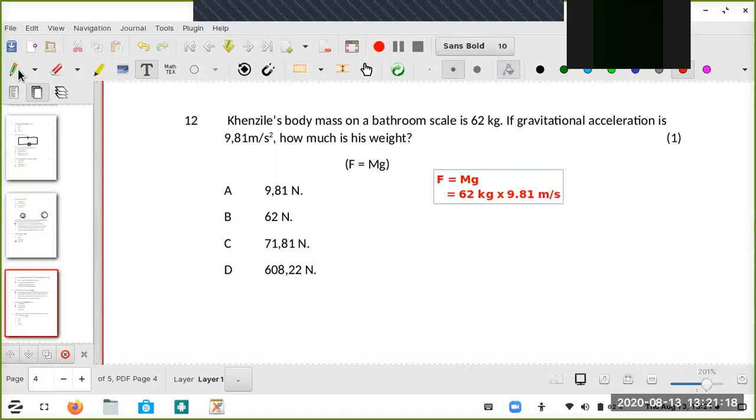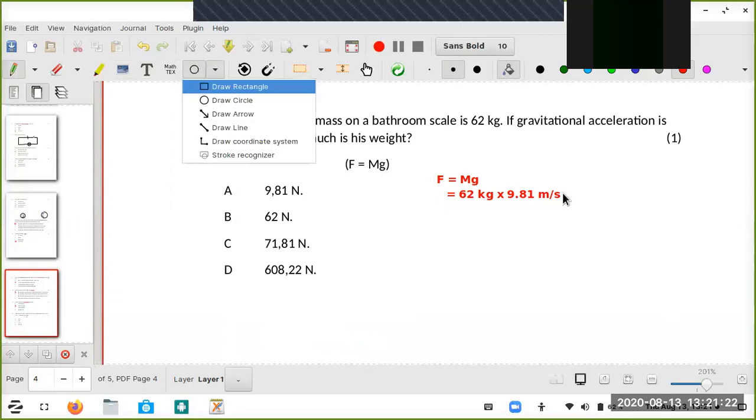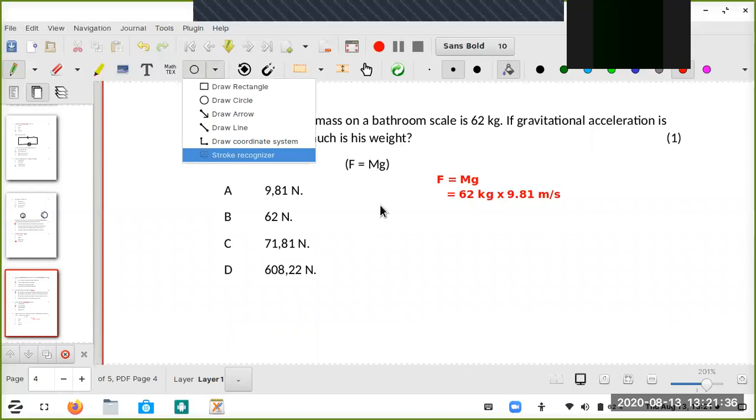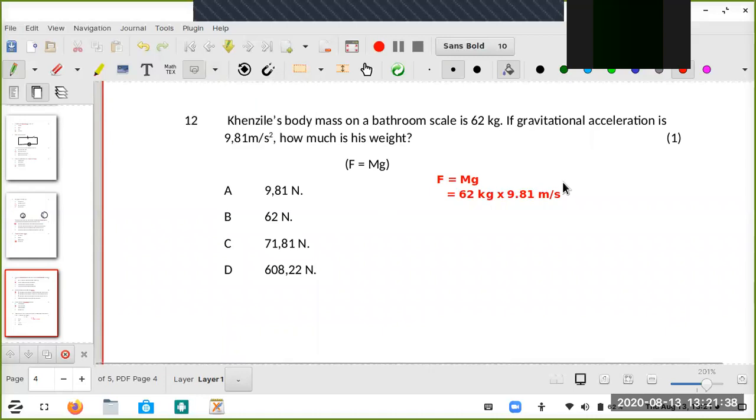Then, since we are to multiply 62 by 9.81, we are going to make use of our calculator, right? Just a minute, I have to write the square here, it's per square second. Sorry for the per square second there, which is not all that good.